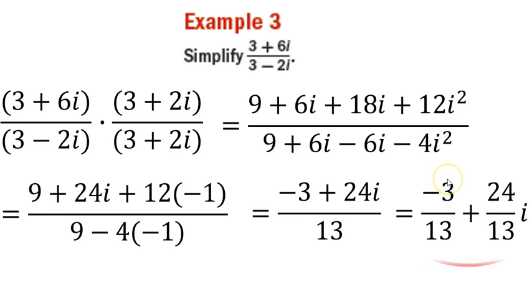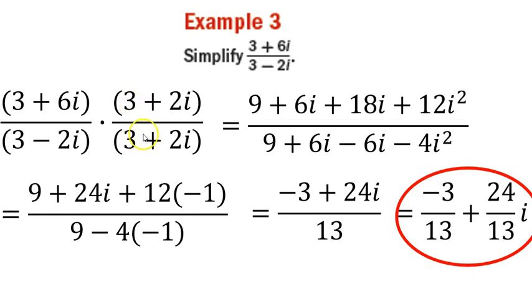What this is right here is the quotient of these two complex numbers. If I divide two complex numbers, I get this complex number in our a plus bi form, where a is -3 over 13, and b, the imaginary part, is 24 over 13, which are not nice fractions, but they're still real numbers. This is the quotient of these two complex numbers by way of multiplying the numerator and the denominator by the complex conjugate.